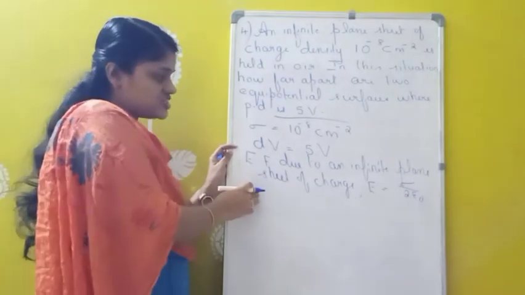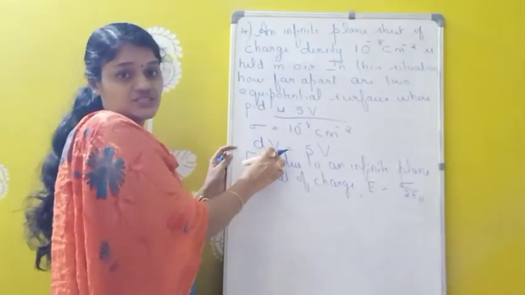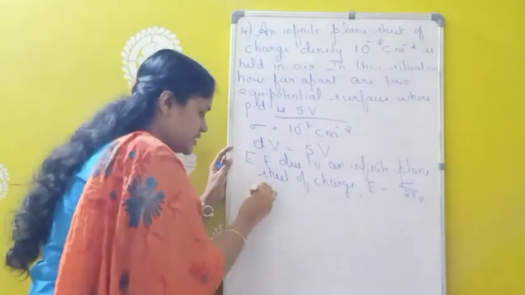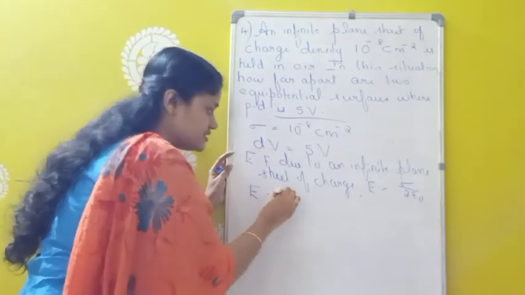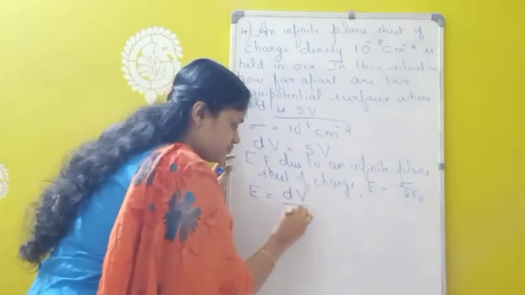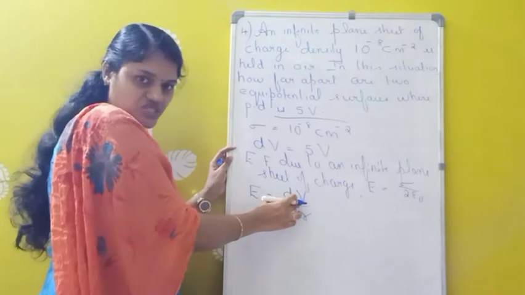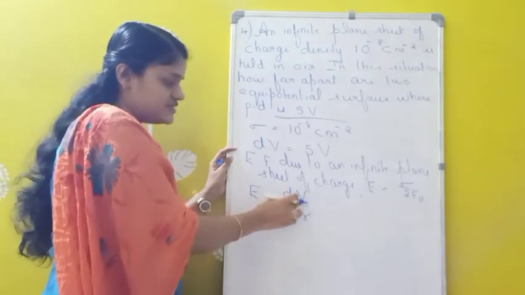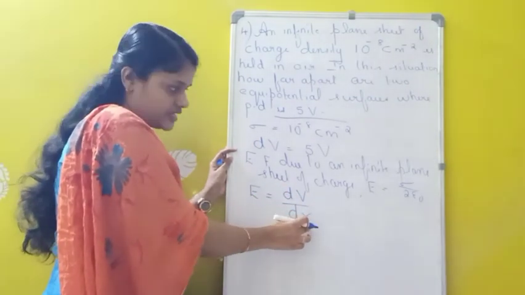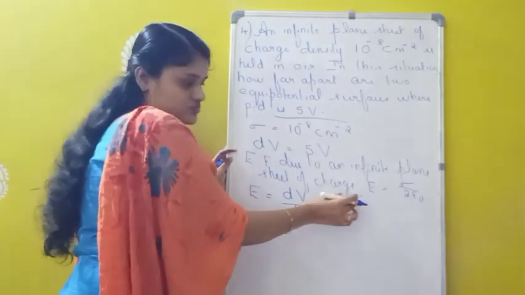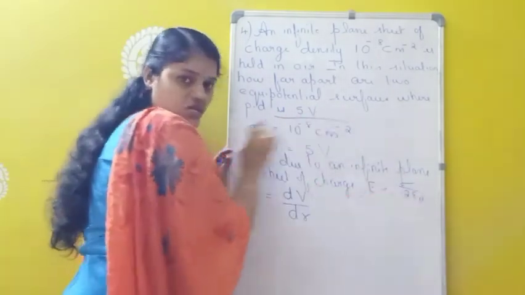But we have a relation connecting the electric field and potential difference. What is the relation? Electric field E equals dV by dr, where dr is the separation. And for the infinite plane sheet of charge, the formula is E equals sigma by 2 epsilon 0.